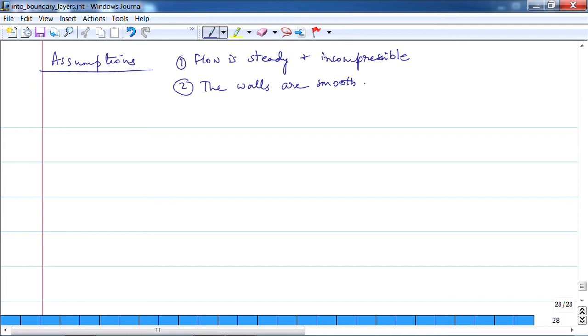What we will be concerned about is primarily the fluid, and what kind of behavior that makes. So we are not taking into account any property of the walls.